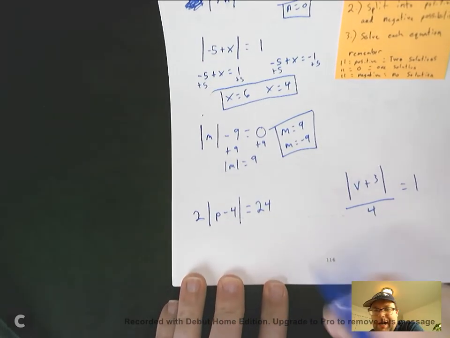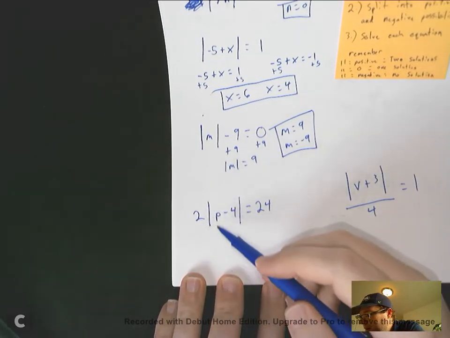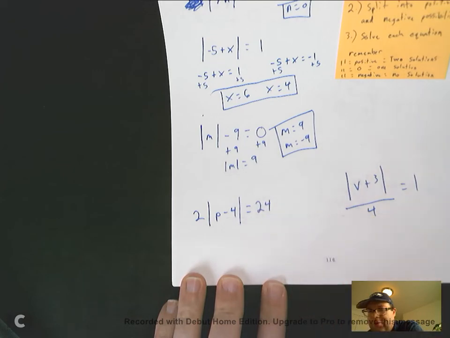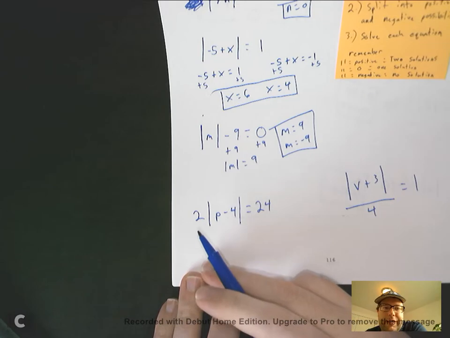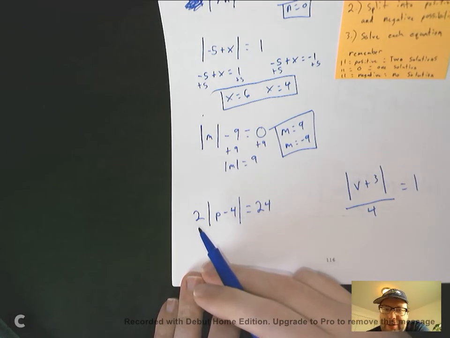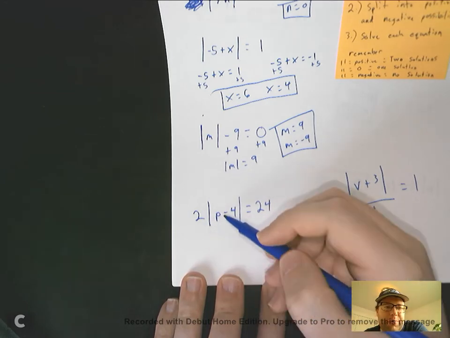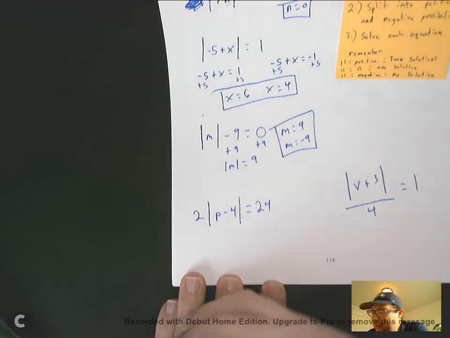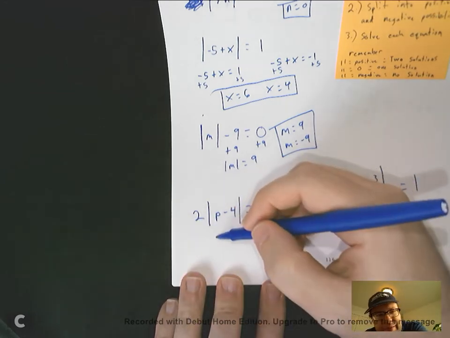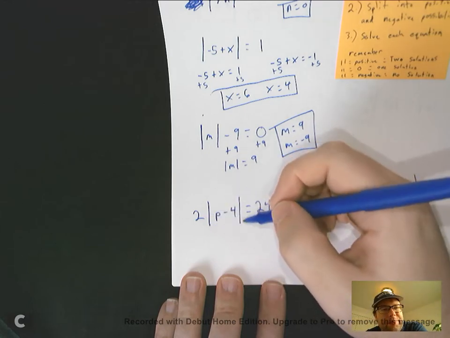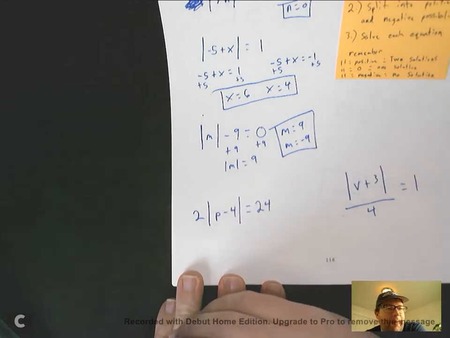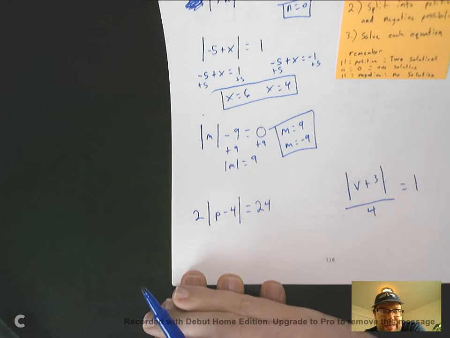So this one, I have 2 times the absolute value of p minus 4 equals 24. All right, so this is where I see another common mistake on this unit, is students get confused what this 2 is doing with the absolute value. Again, we can think of absolute values as parentheses with one big major exception.